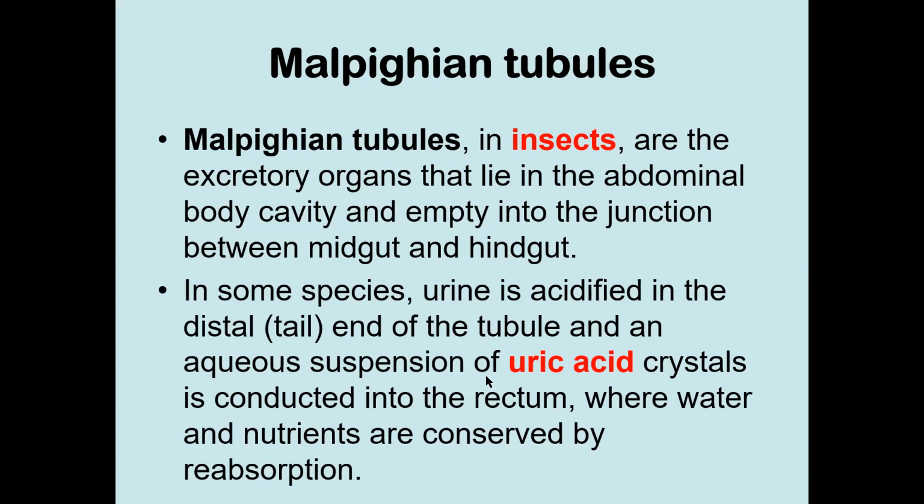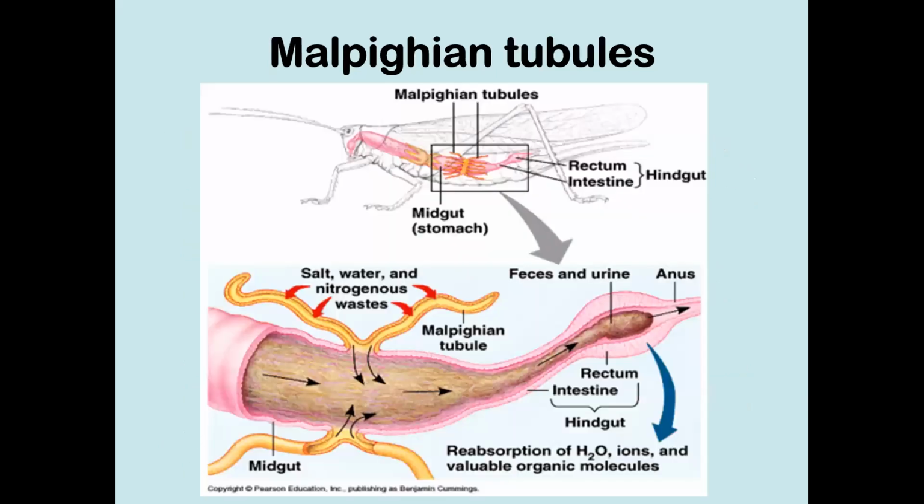Now, it's not a solution, it's a suspension of uric acid. So the uric acid crystals are in this suspension so it can be removed, and then the water evaporates and you end up with a solid. And so the water and nutrients are conserved by reabsorption there, but some of them don't. So it depends, because they're all different stages of evolution. But we go into the rectum just a little bit at the end of the animal. The water and nutrients are reabsorbed, and then the solid is like fly spots or specks.